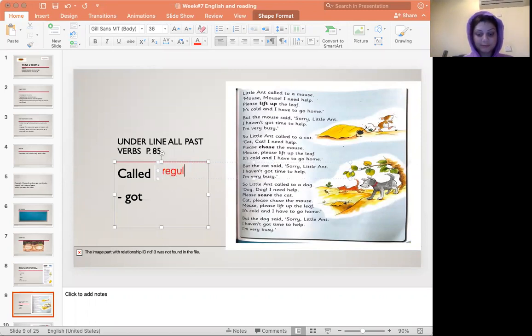Yes, it's a regular verb because the present is call and we added ed. So it becomes called. What about got? Is it a regular or irregular verb? Yes, an irregular verb. The present is get.